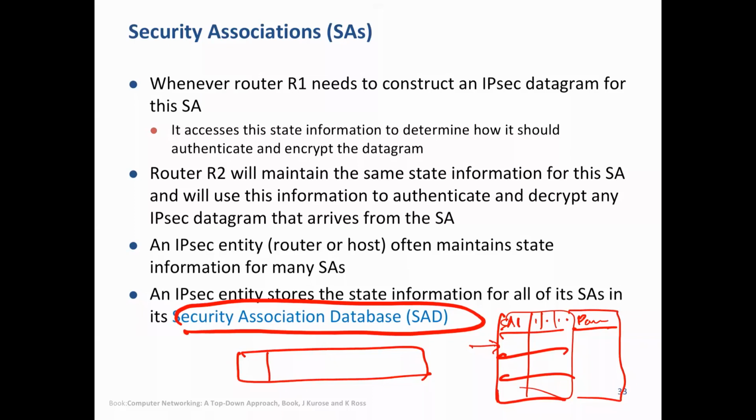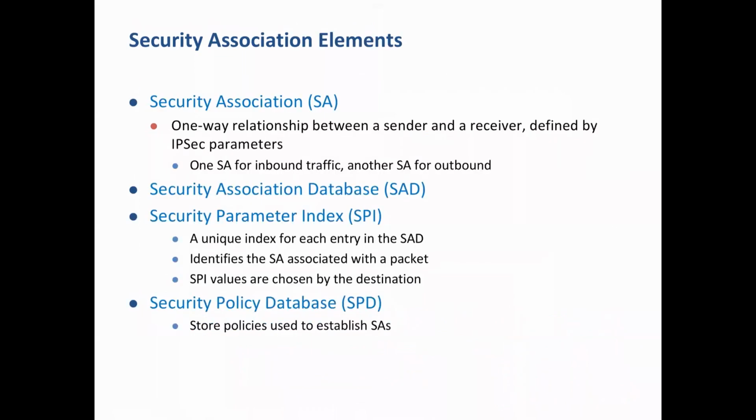This index corresponds to the database of Bob's machine. When Bob's gateway receives the IPSec packet, it will use that index to find the parameters for decryption or authentication. We call this the security parameter index.